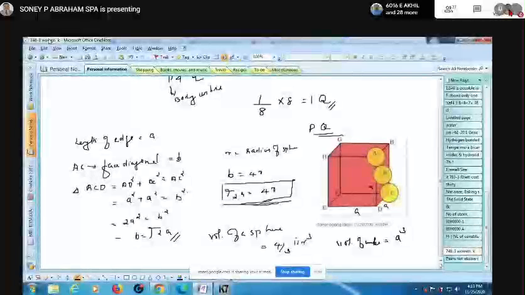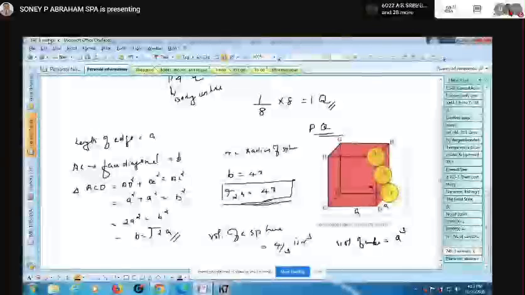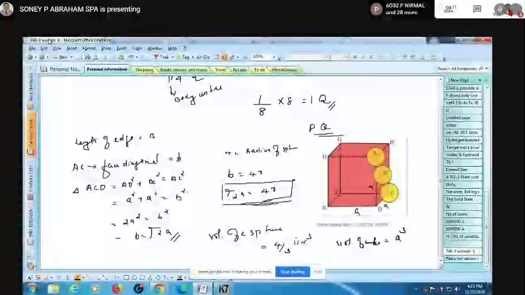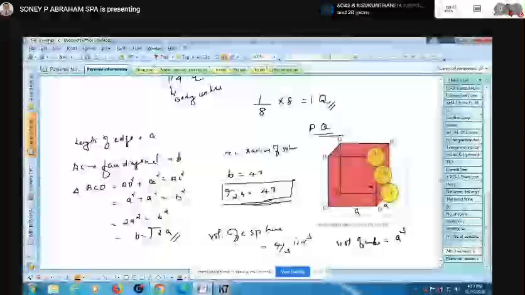Calculation you can do later. So you have a packing efficiency of 74% for FCC. You have to learn how to find the packing efficiency for a body centered cubic as well. Here we have seen a face centered cubic structure. Did you understand this concept? Yes, sir.